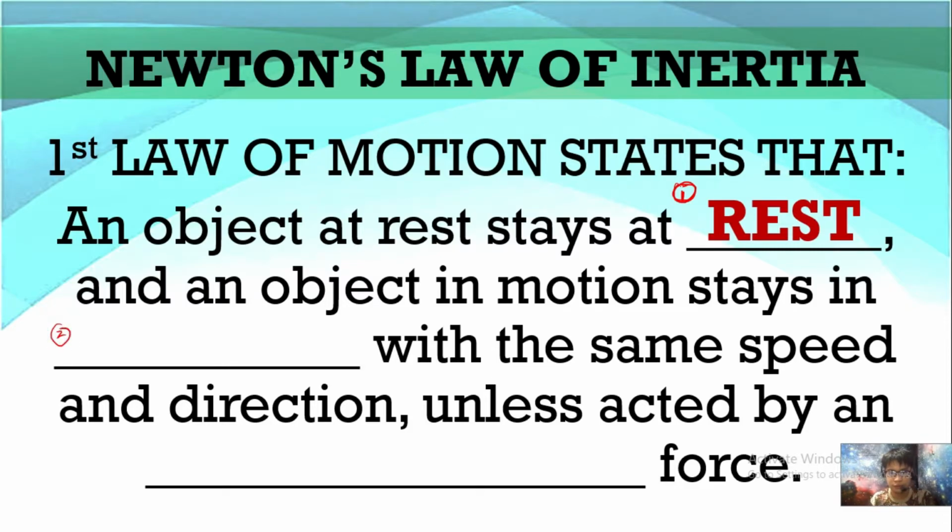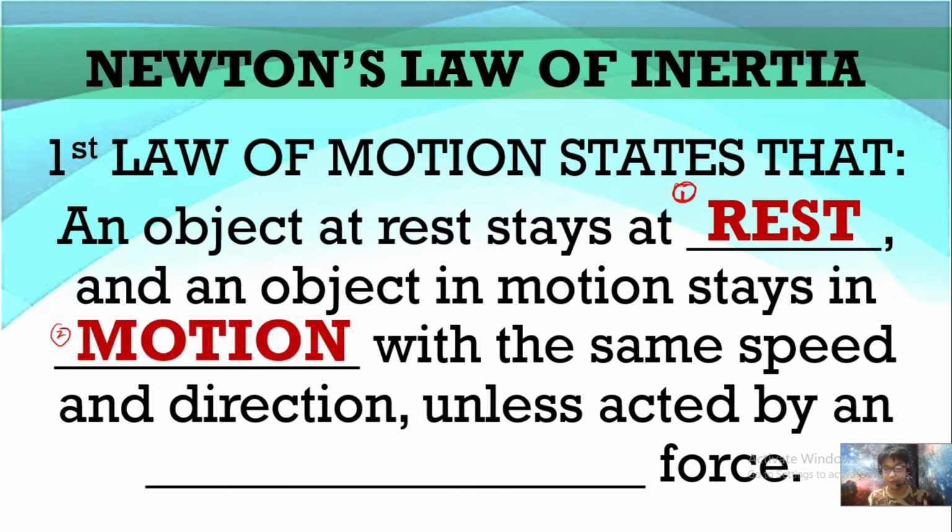So this is what we are telling a while ago. The object will remain at rest because of inertia, and an object in motion will remain in motion. It will not stop, or an object at rest will not move because of inertia. Okay? So, let's continue with the same speed and direction unless acted upon by, what is number 3?